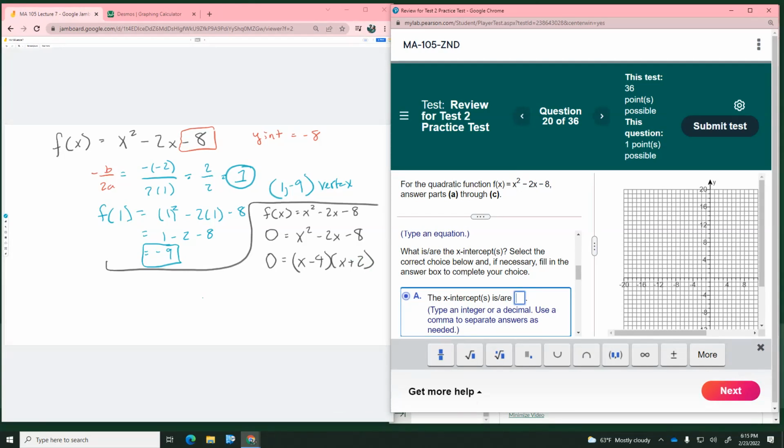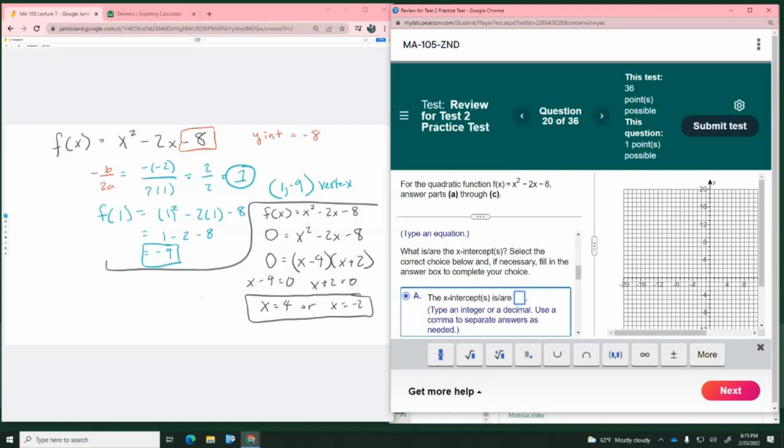So you can go back and practice if you need to. We've got x minus 4 equals 0 or x plus 2 equals 0, so x is equal to 4 or x is equal to negative 2. Therefore, those are your x-intercepts.